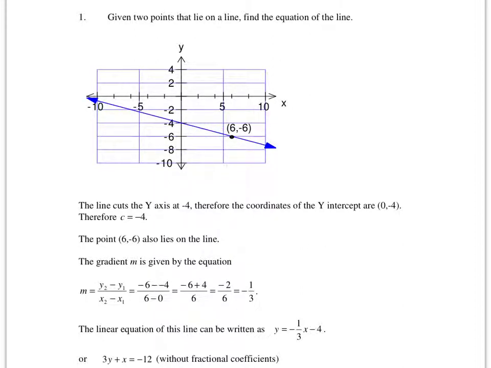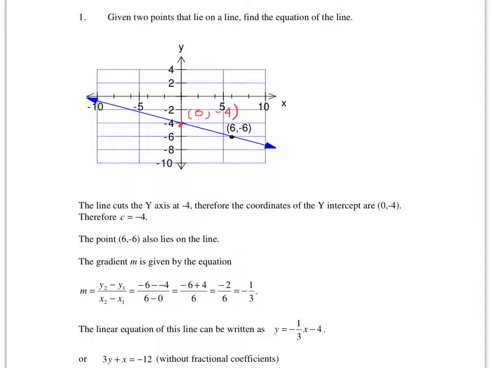We can also see that that line crosses the y-axis at -4. So we already know the value of the y-intercept. There it is there. It crosses the y-axis at -4, so that point has coordinates 0, -4. It also means that we have 2 points on the line.